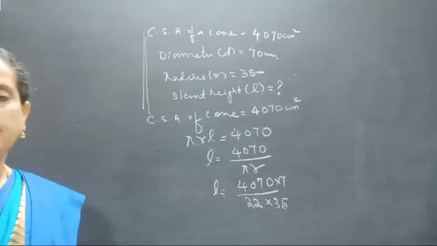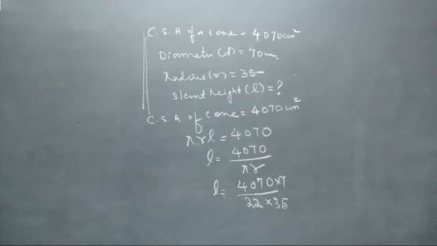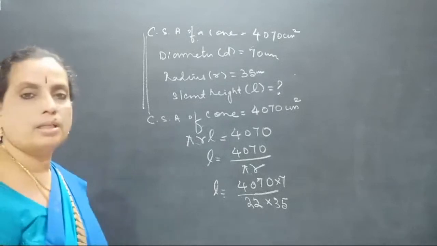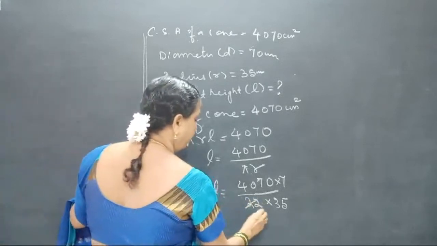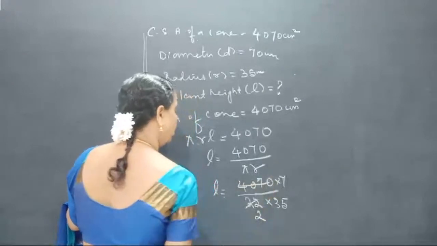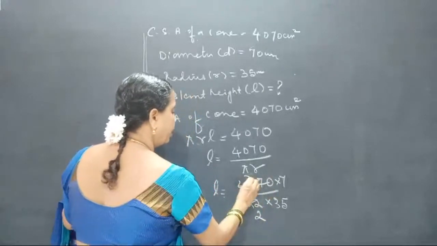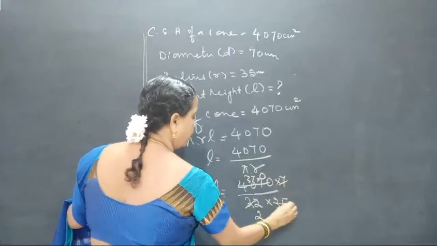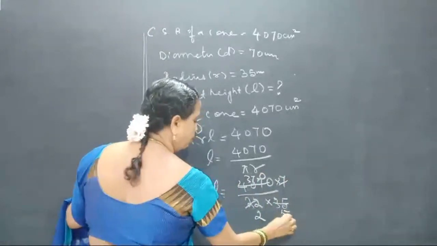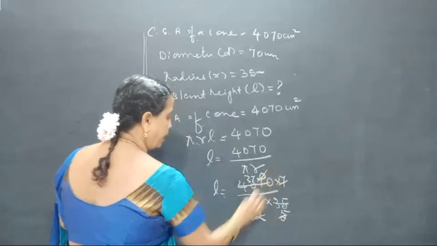Slant height is 37 centimeter. Yes. So here 11 twos are, 11 threes are, 11 sevens are, 7 fives are, 5 twos are 10 will get cancelled.